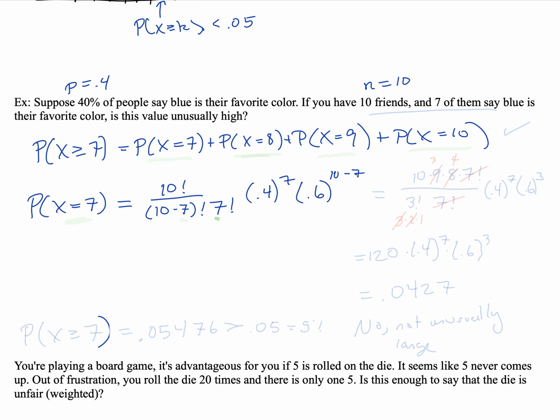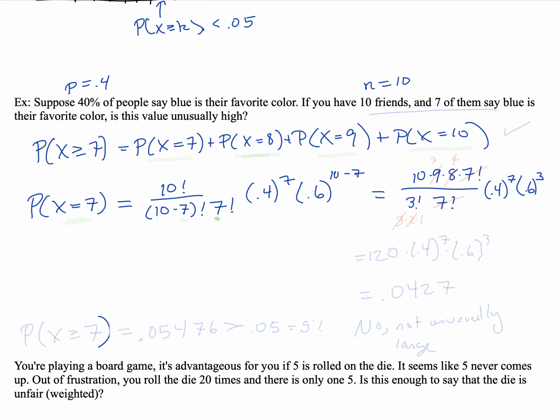And so we could continue to simplify that. That's 10 times 9 times 8 times 7 factorial divided by 3 factorial times 7 factorial, since 10 minus 7 is 3, multiplied by 0.4 to the 7th power times 0.6 to the 3rd power.